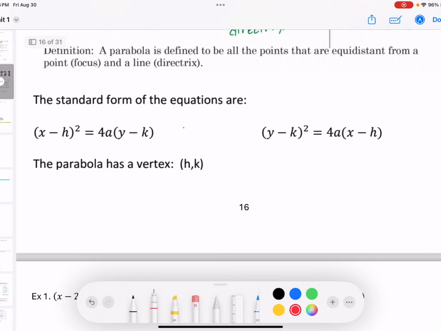We have learned in college algebra that y equals x squared is the basic form of the parabola. This is a parabola with vertex at 0, 0, and it opens upward because the coefficient in front is positive 1. So we have a positive in front, open upward.